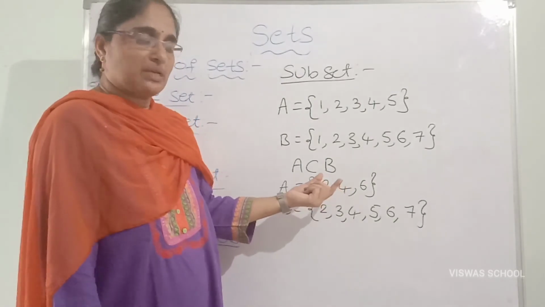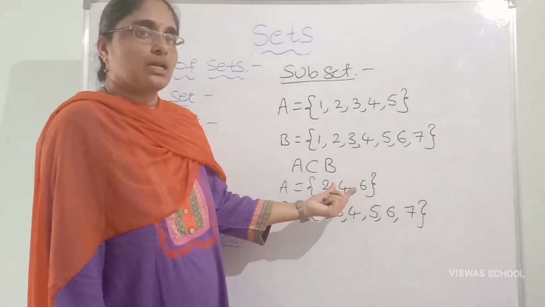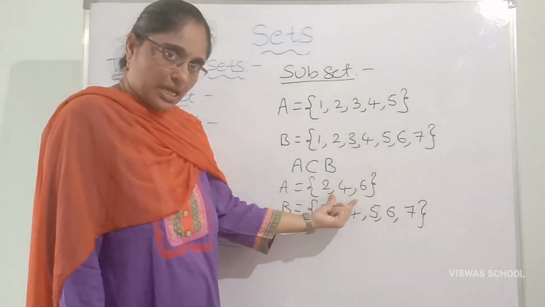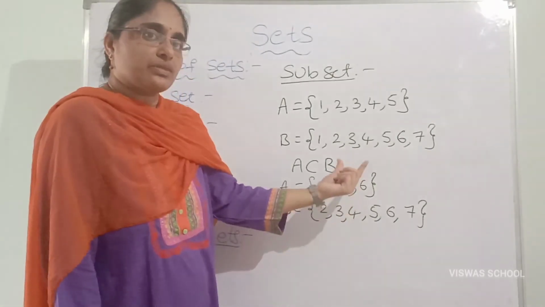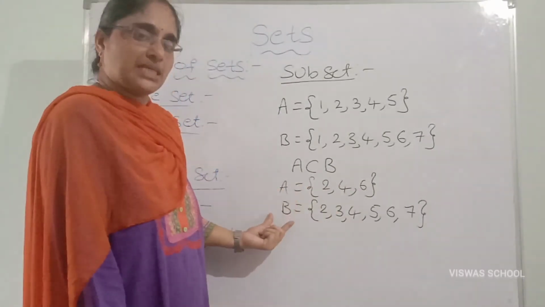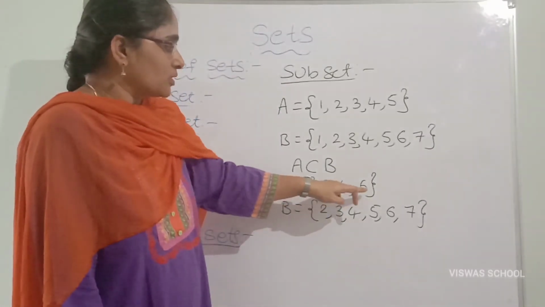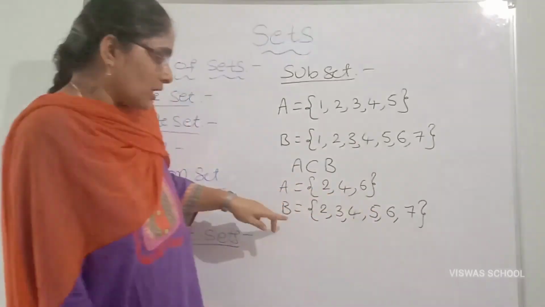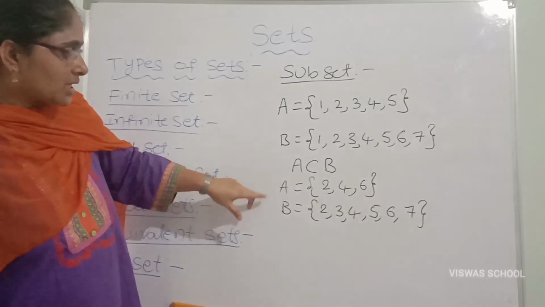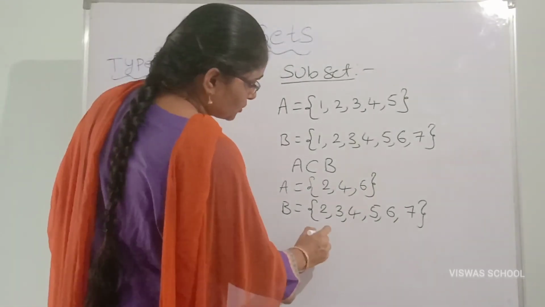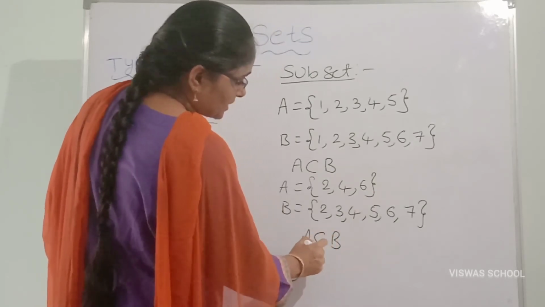If the elements present in the first set are also in the second set, that is, whichever elements we are having in set A, if those elements are also in set B, then we say that A is a subset of B. Here 2, 4, 6 is in set A, and in the same way 2, 4, 6 is also in set B. In this case A is a subset of B only. This is the subset symbol.